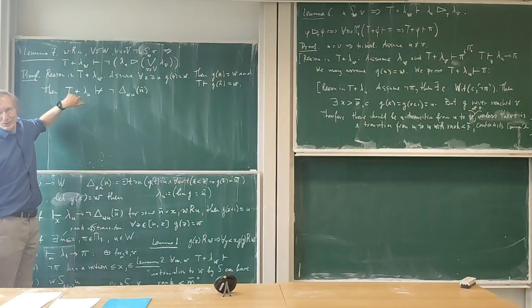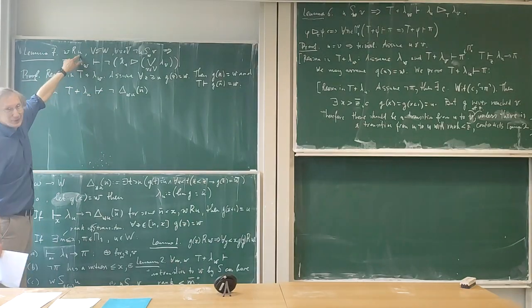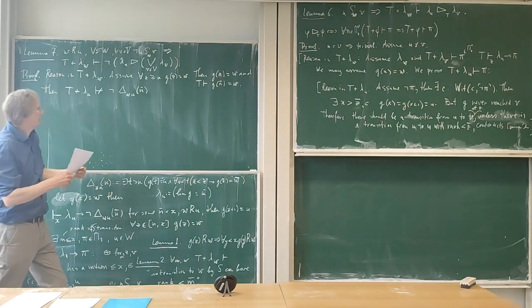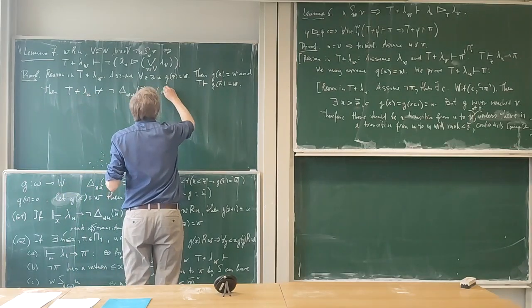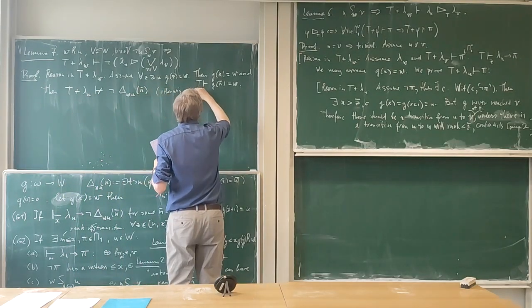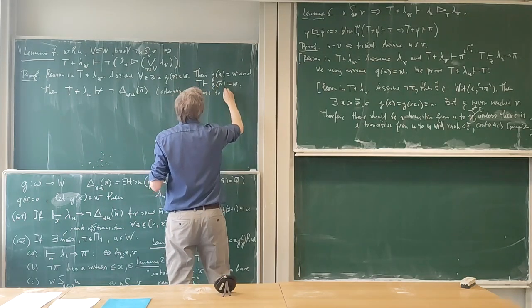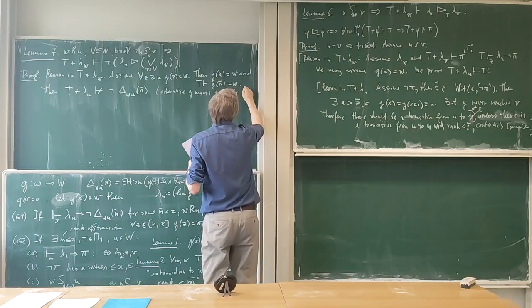Because if it does prove it, then G moves to u by r.